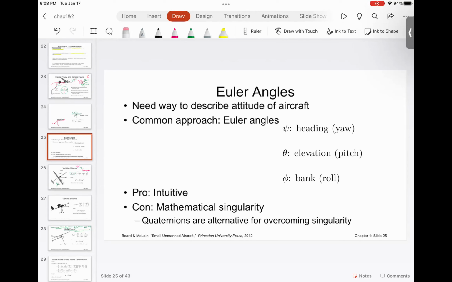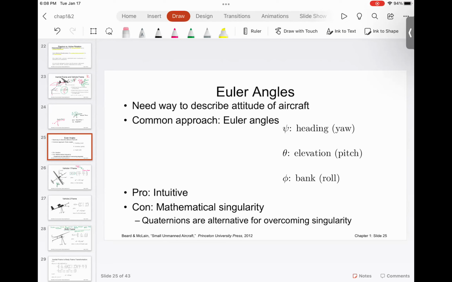And so that is pitch. And bank or roll is the rotation about x. So for example, this is the aircraft yaw, this is aircraft pitch, and this is aircraft roll. So these are the three angles that describe the attitude of the aircraft or the orientation of the aircraft.